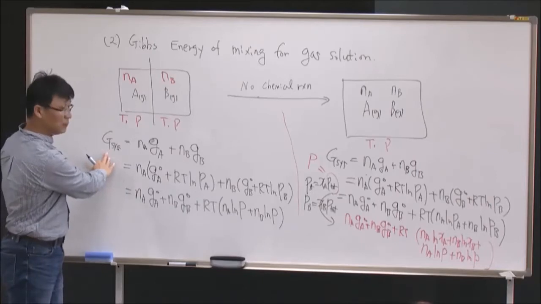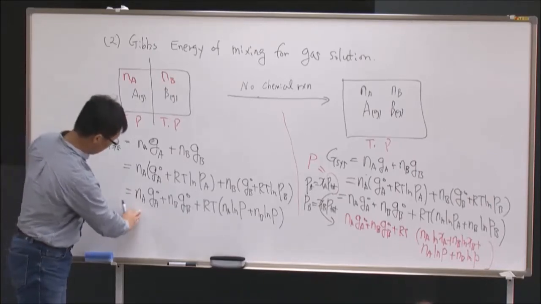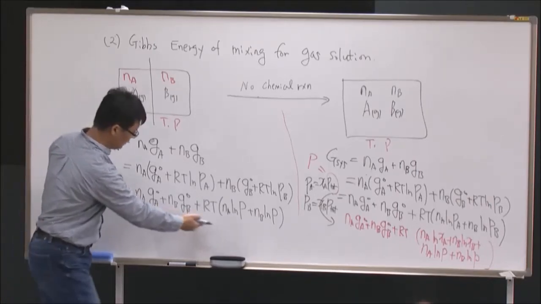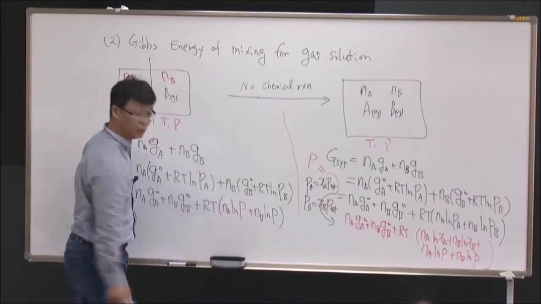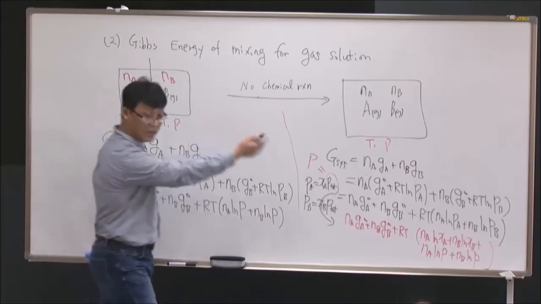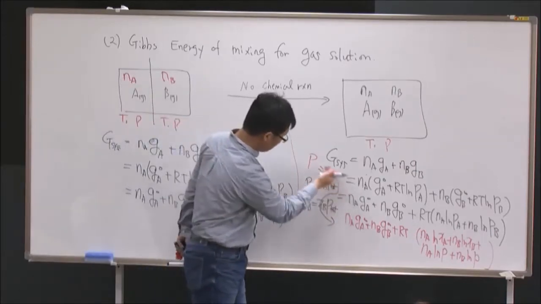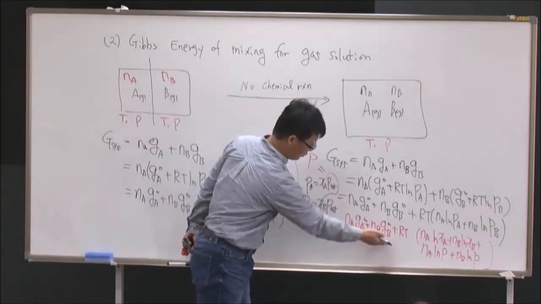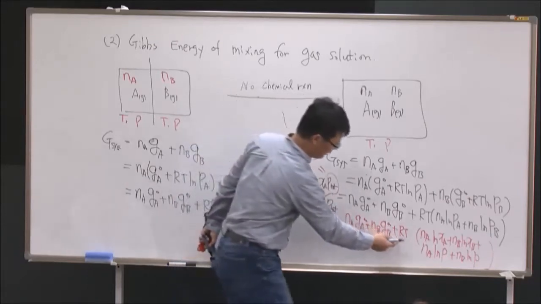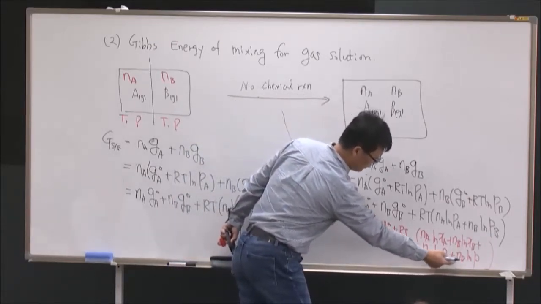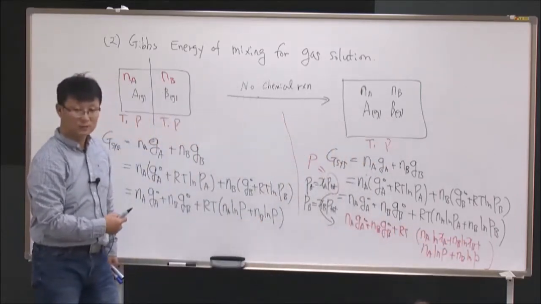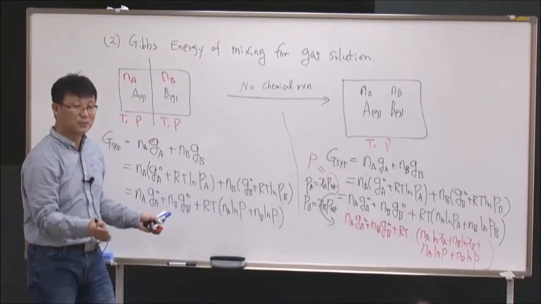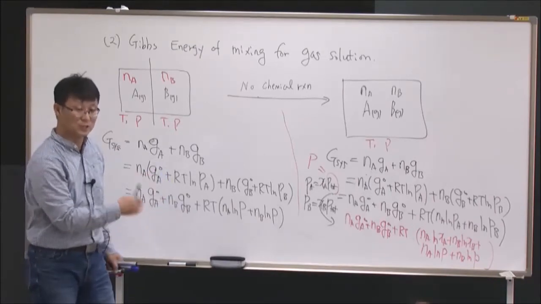So the Gibbs energy before mixing is the pure Gibbs energy mixture plus RT, NA ln P, NB ln P. After mixing, the Gibbs energy of the system is the mixture of the pure Gibbs energies plus RT, NA ln P, NB ln P plus an additional term here. I didn't do any magic, but mathematically we can see that there's a difference.